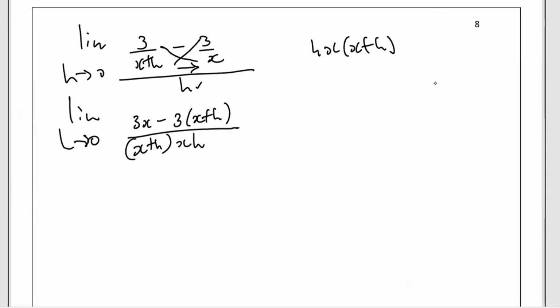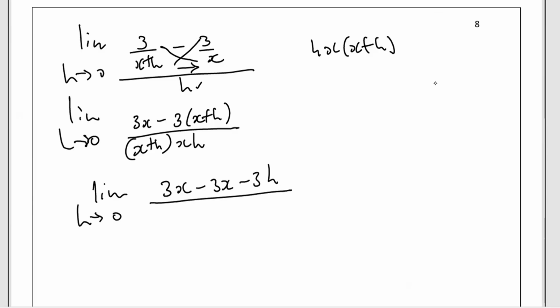Then open that bracket. So the limit as h tends to 0, we have 3x minus 3x minus 3h. This is all over, I don't need to open this. Okay, let me just leave it the way it is. x plus h into xh. So this cancels that. Okay, and then we shall be just left with the limit as h tends to 0.